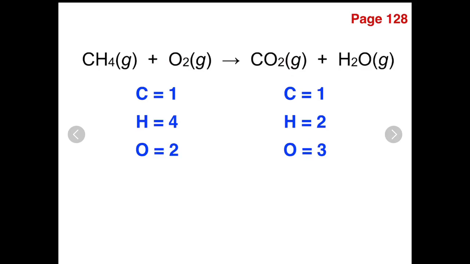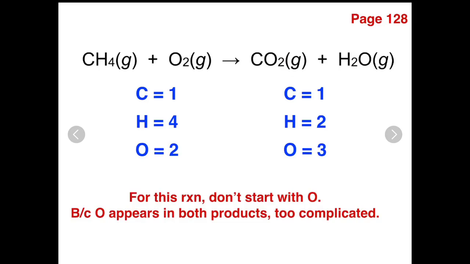We probably notice that oxygen appears on both sides of the equation, same thing for all of these. However, if you look at oxygen on the reactant side, it appears in only one molecule, the gaseous oxygen molecule. On the product side, you will see that oxygen appears in both molecules of the product, carbon dioxide and water.